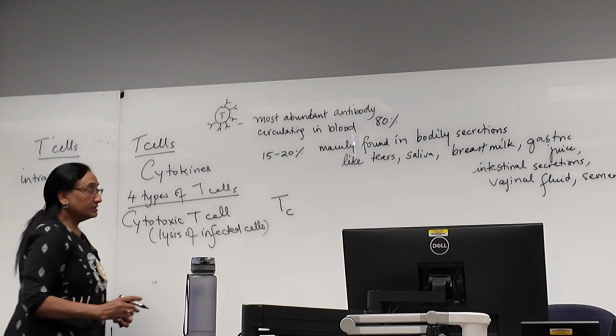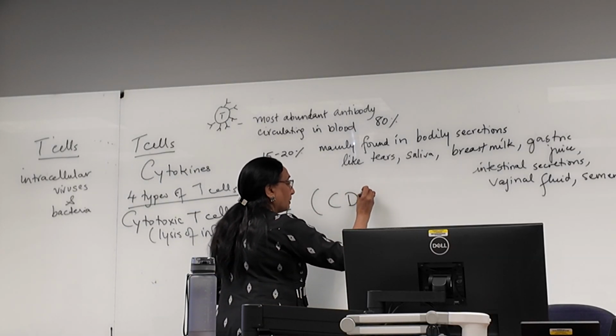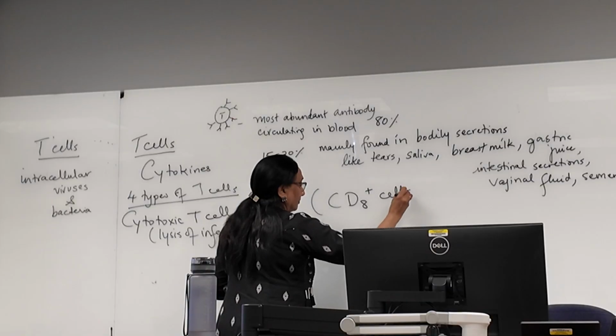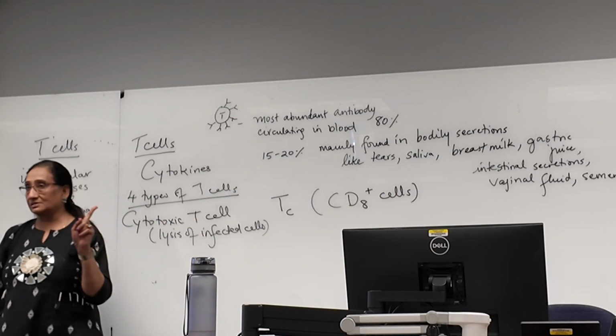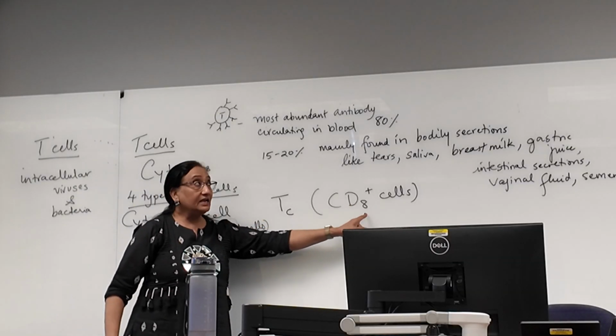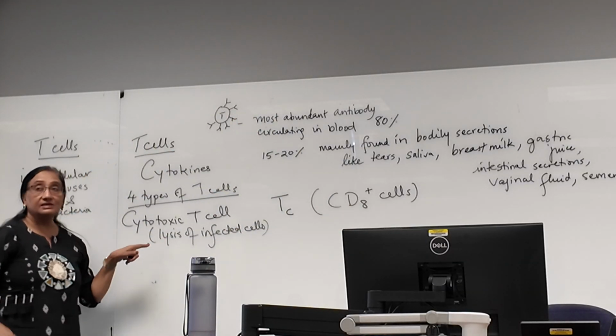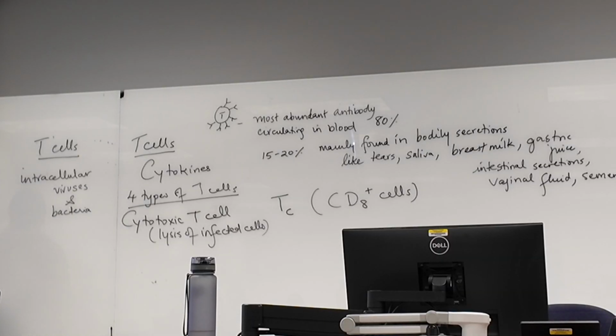They will call this CD8 plus cells. They'll call it this in immunological language. CD8 is the type of receptor that is found on the cytotoxic T cell. So they'll always say CD8 cells.